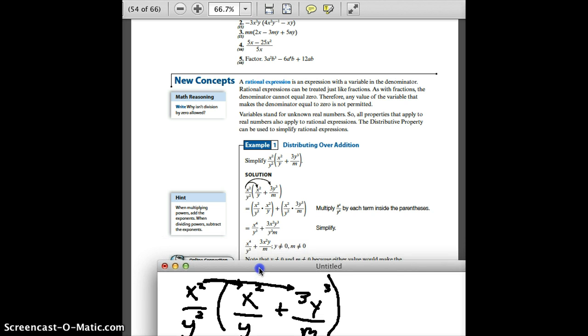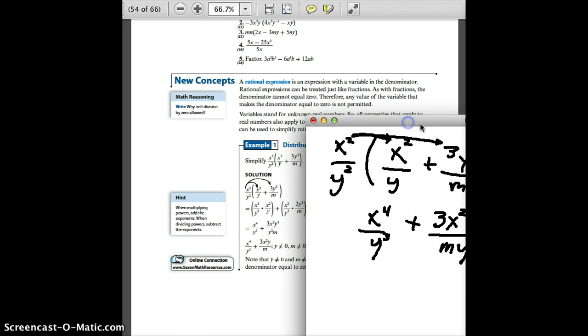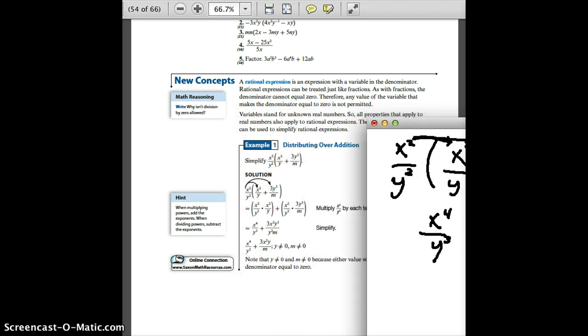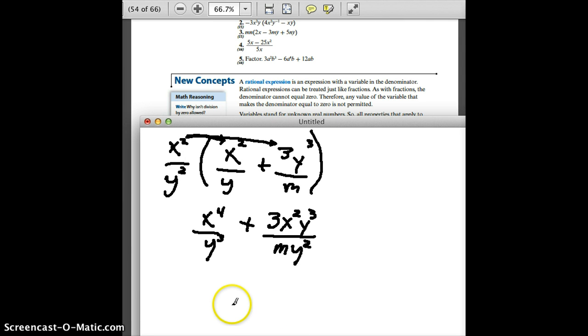There you go. And you can see, let's compare the answers here. x to the fourth over y to the third plus 3x squared y cubed over my squared. Okay, they did one more thing. Because you see you have 3 y's here and we have 2 y's, we'll need to reduce that.